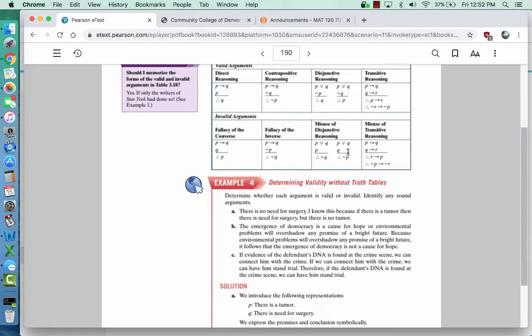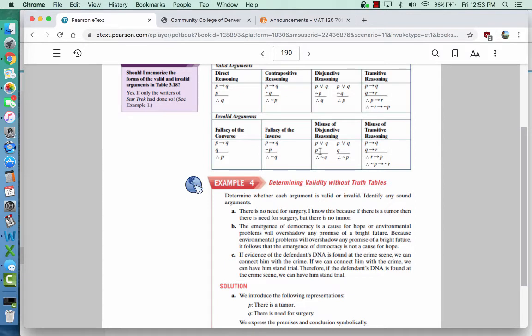The misuse of disjunctive reasoning is if we say P or Q, and then we know that P, so if we say P or Q has happened, and then we also know that P has happened, we can't assume that Q has not happened, because a P or Q statement can be true when both of these things are true, or both of them have happened.